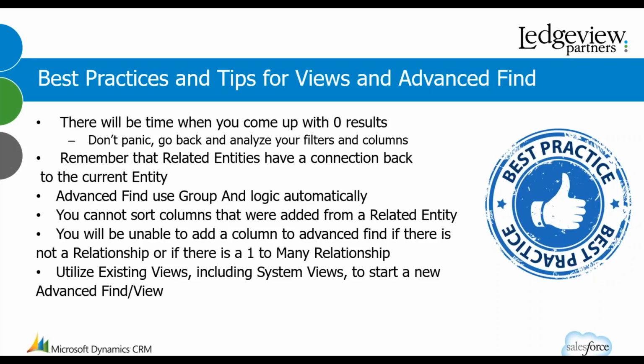Again, going back to relationships, if there is no relationship between 2 entities, you're not going to be able to add a column. And also, if there's a one-to-many relationship, you won't be able to add that column. A very easy example to follow this is with contacts. If you have an account, you want to pull all the contacts related to that account, you're not going to be able to because there can be hundreds of contacts for one account.